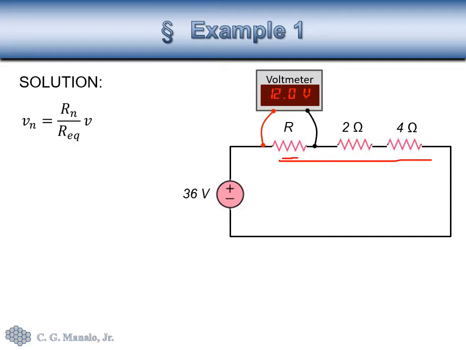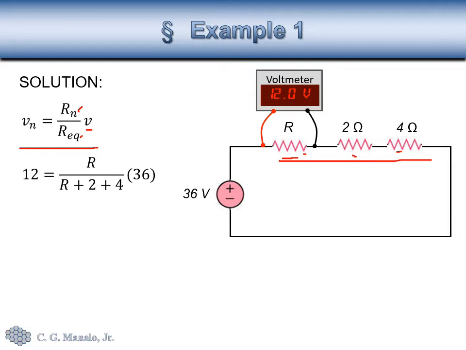So according to the formula, the voltage across any resistance in series connected resistors is equal to the ratio of the resistance of that resistor divided by the total resistance, or the equivalent resistance, of the series of resistors, multiplied by the voltage impressed across the series combination.